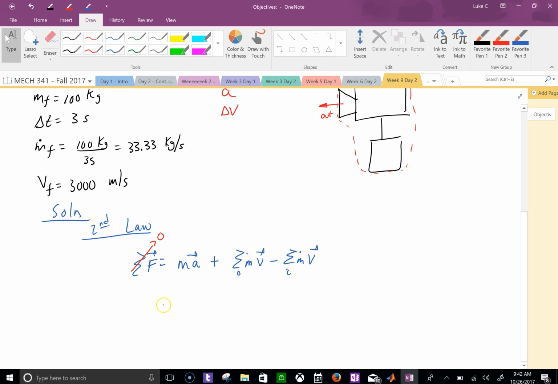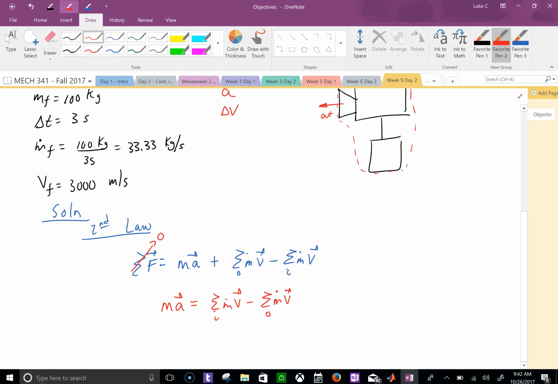So if we rearrange this, we have the sum of the forces equals the summation of M dot V in minus the summation of M dot V out.